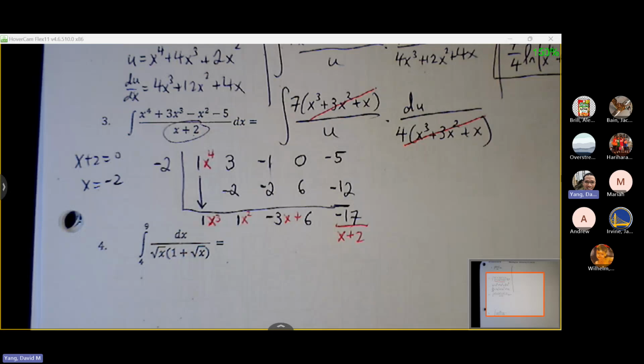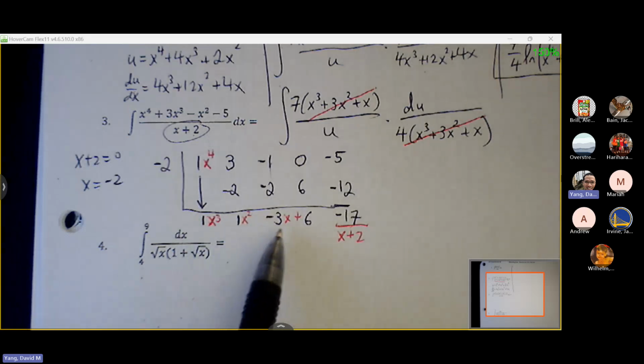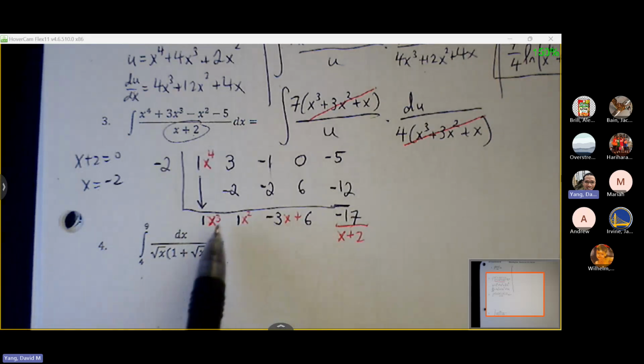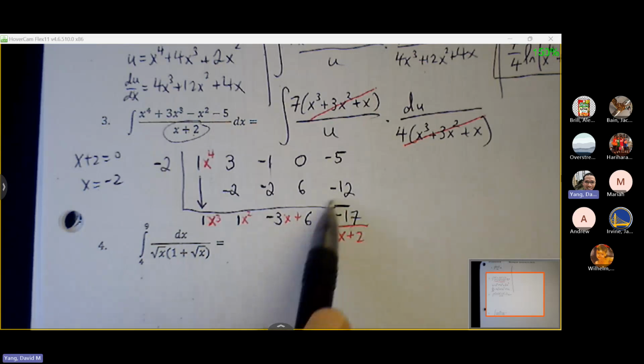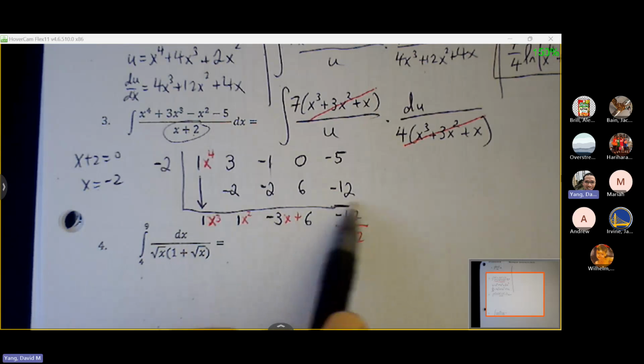We're not going to stop here. All we've done is we've made this into an easier problem because now we just have 4 power rule problems, terms, and then there's a natural log u substitution at the end.